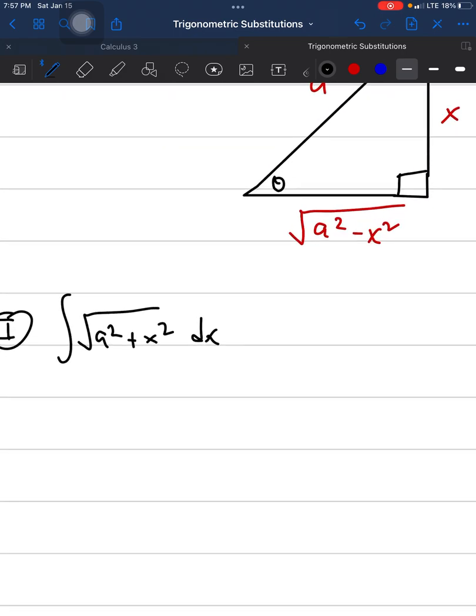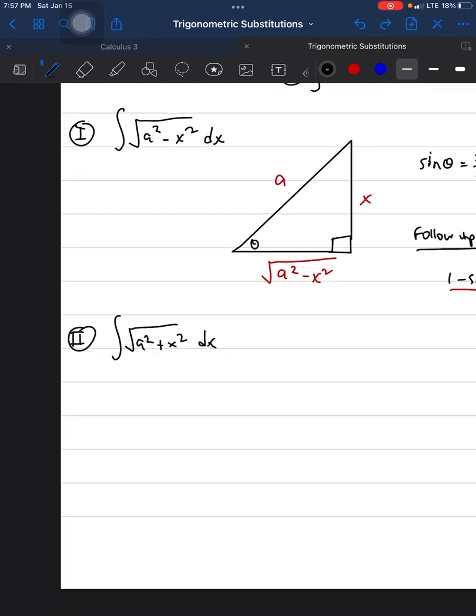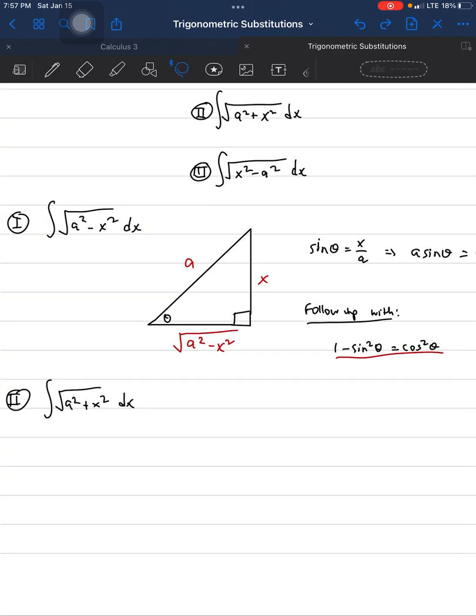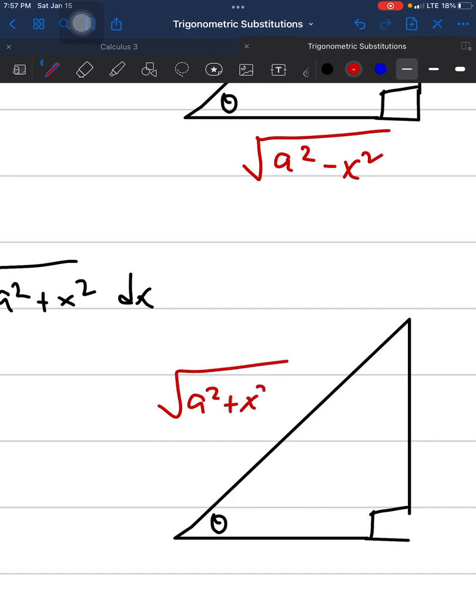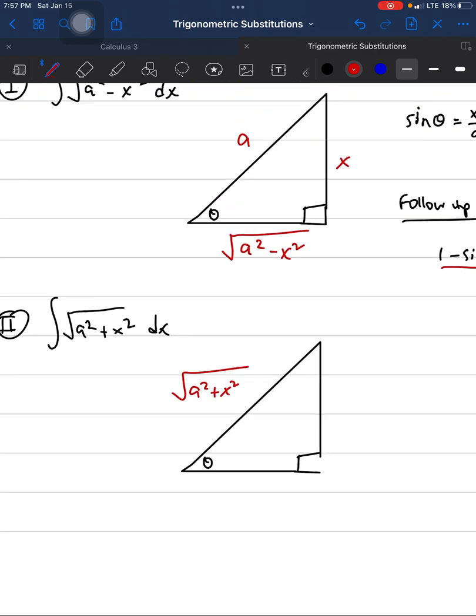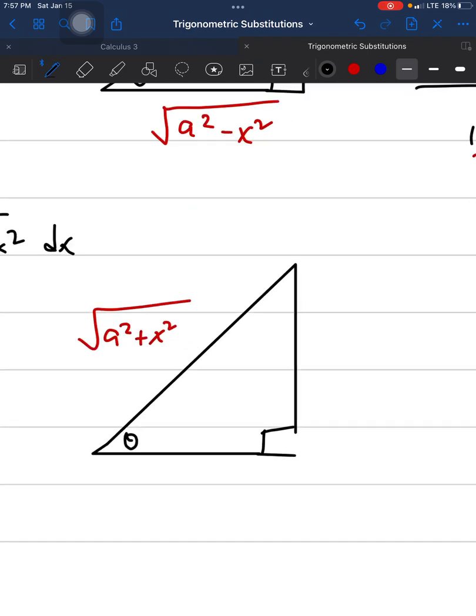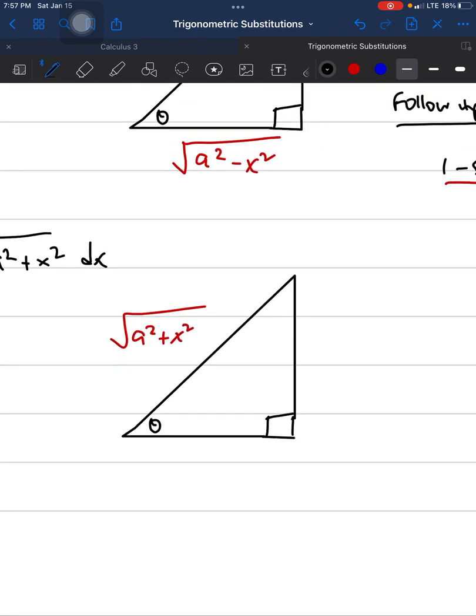Whenever we have something like this, the plus sign usually tells us that that's the hypotenuse of the right triangle. So let's use the same right triangle again, and it's usually a squared plus x squared for the hypotenuse.